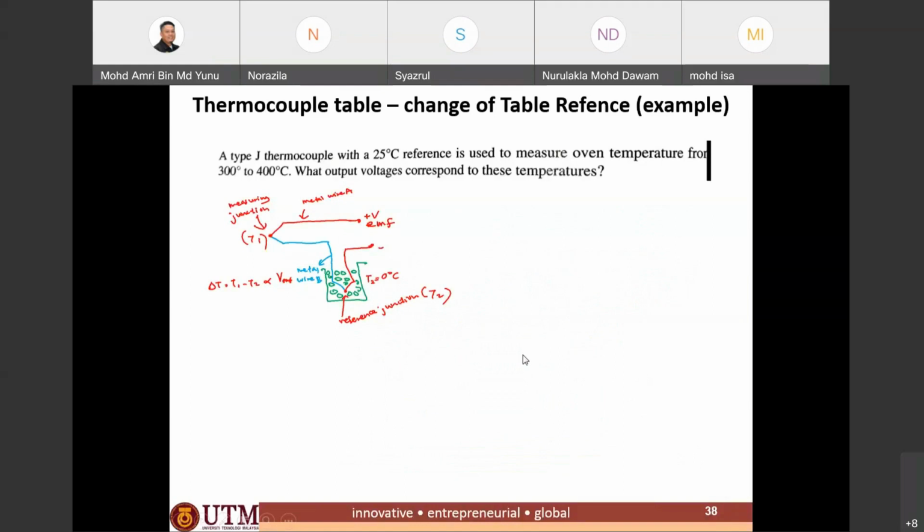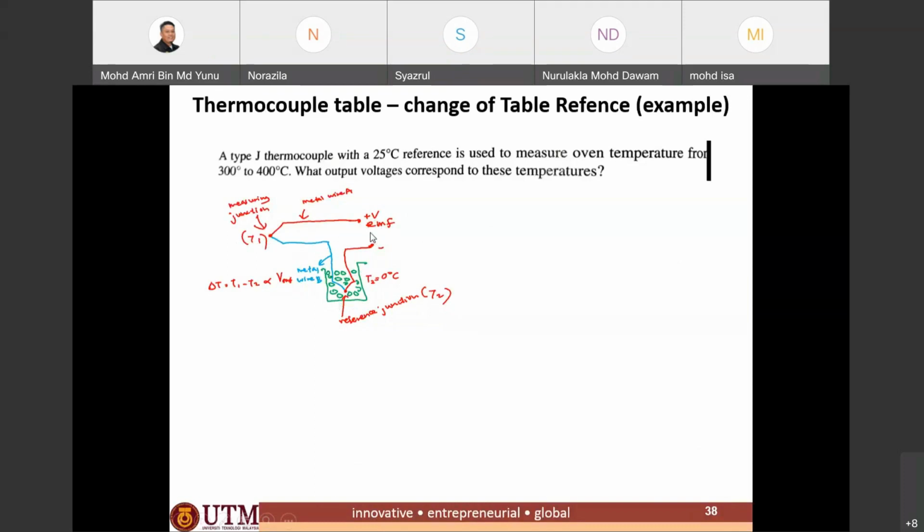So remember the principle of a thermocouple: two dissimilar wires combined together to create two junctions. One junction is used as a measuring junction, and the reference is set at a constant value.